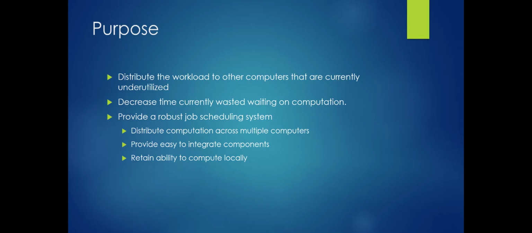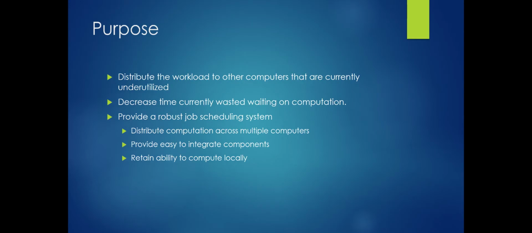And we also want to provide a robust job scheduling system. This job scheduling is going to let us distribute that computation across multiple computers, so we get better utilization of computational hardware, and we're going to be able to return those results to the user hopefully much faster.